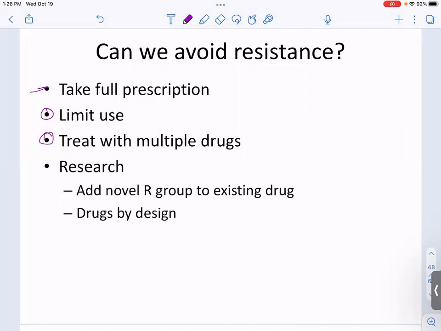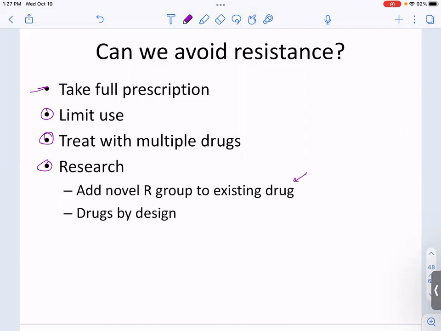Sometimes when we treat with two different drugs, even if a bacteria becomes resistant to one drug, you hit it with another drug and sometimes you can knock it out. We need to keep doing research and developing new antibiotics. If we can alter the side chain of a drug, then we have the drug, we know it's safe, and that can take not as much research.